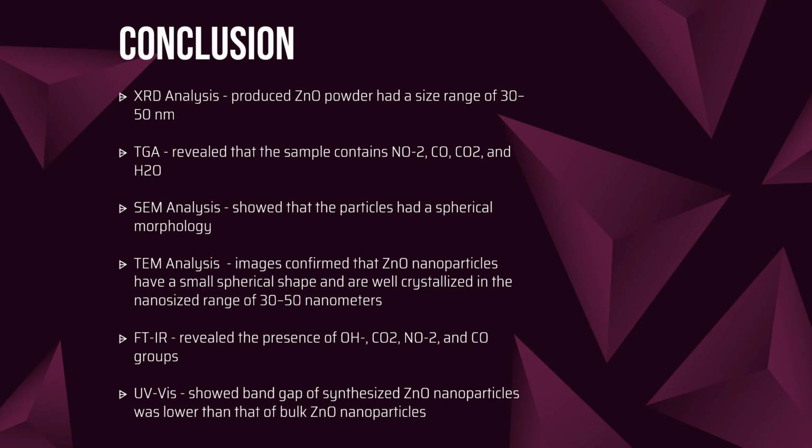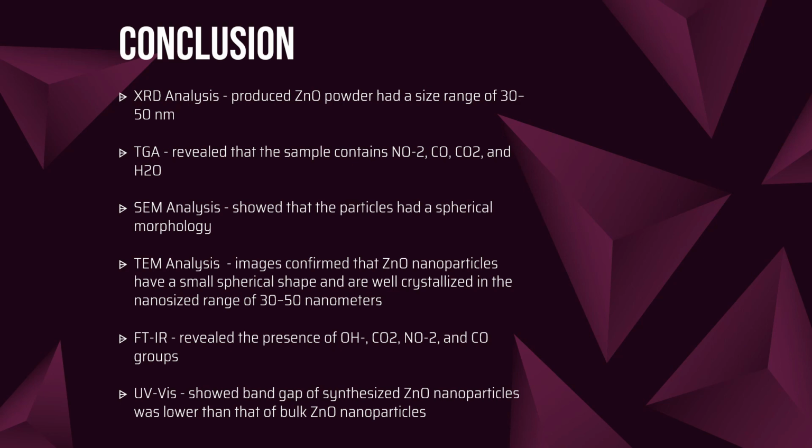The FTIR revealed that the sample contains NO2-, CO, CO2, and H2O. The SEM analysis showed that the particles had a spherical morphology, while the TEM images confirmed that the ZnO nanoparticles have a small, spherical shape and are well crystallized in the nano-size range of 30 to 50 nanometers.